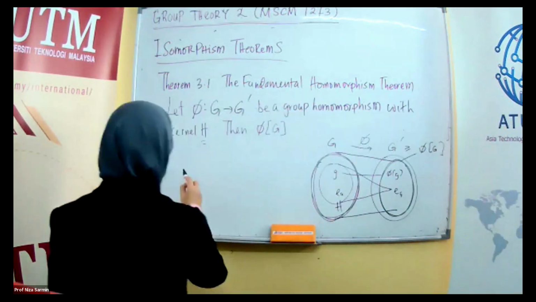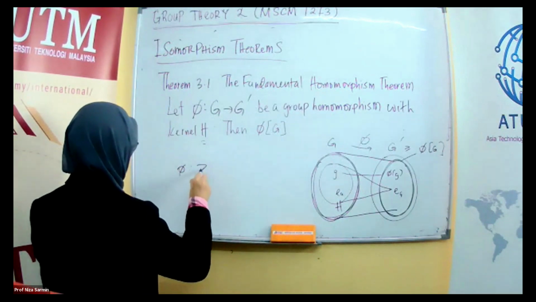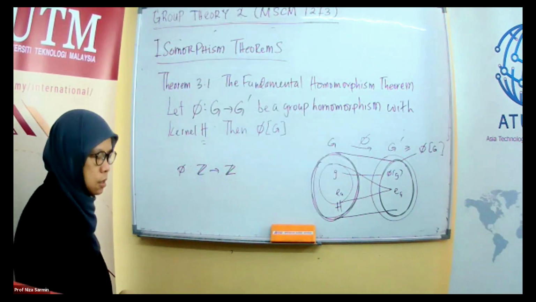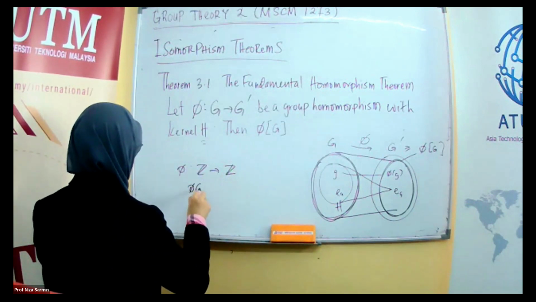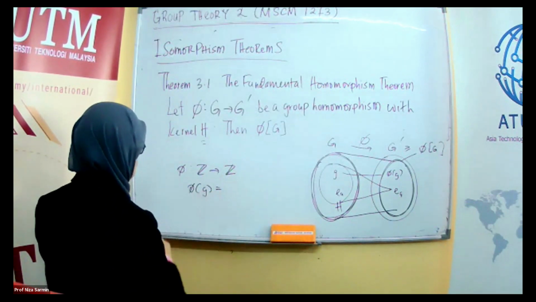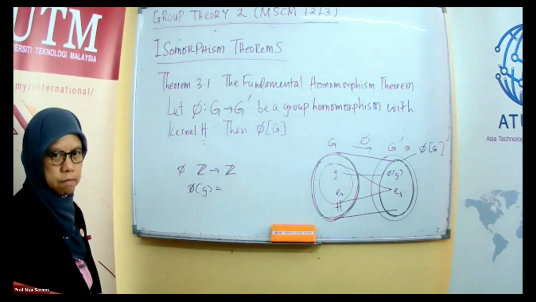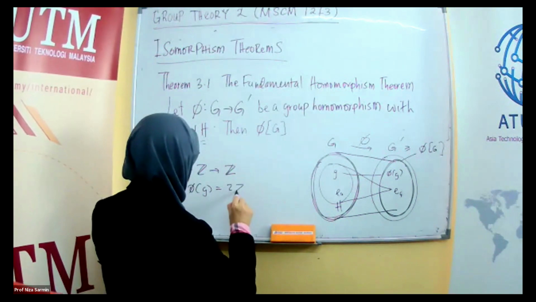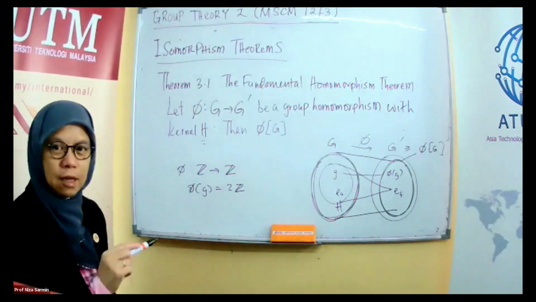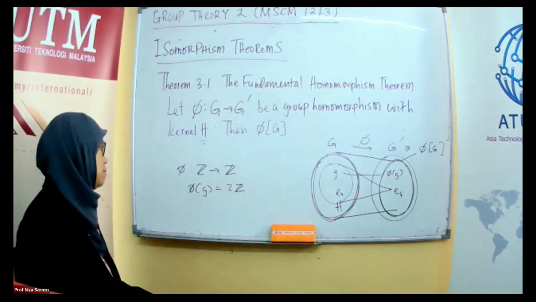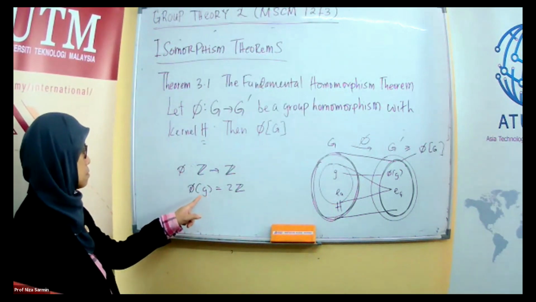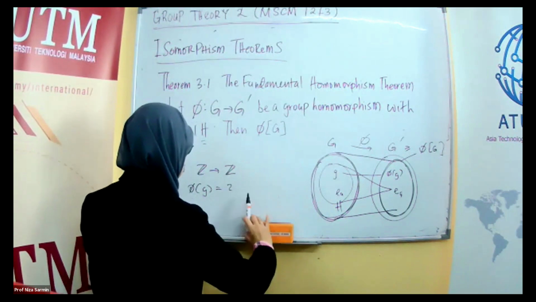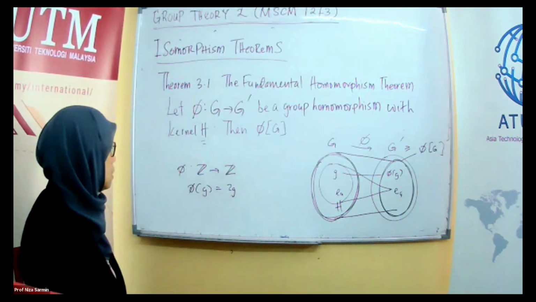For example, if you have phi from Z to Z, phi of g is probably, I'm just throwing in an example, 2g.